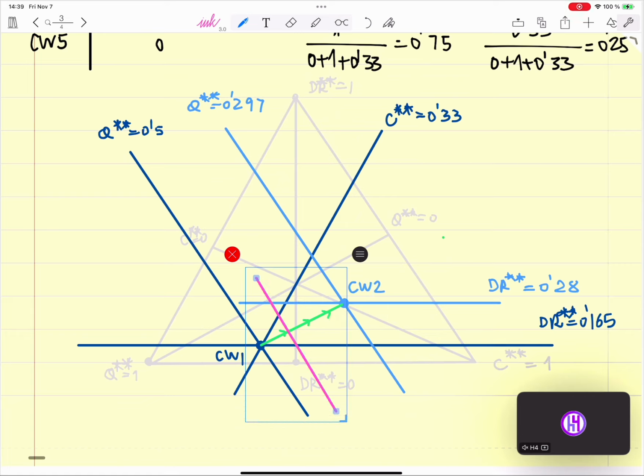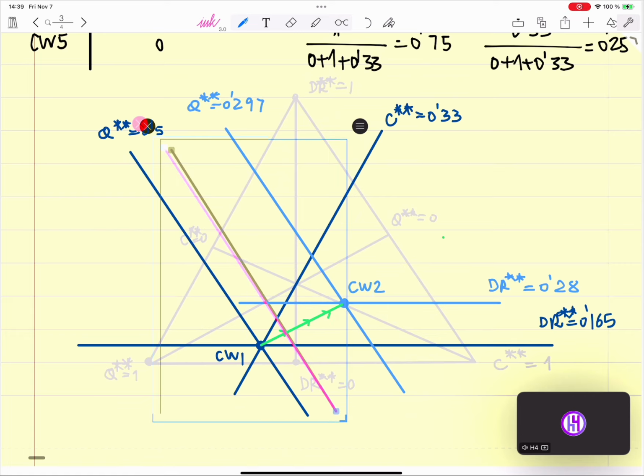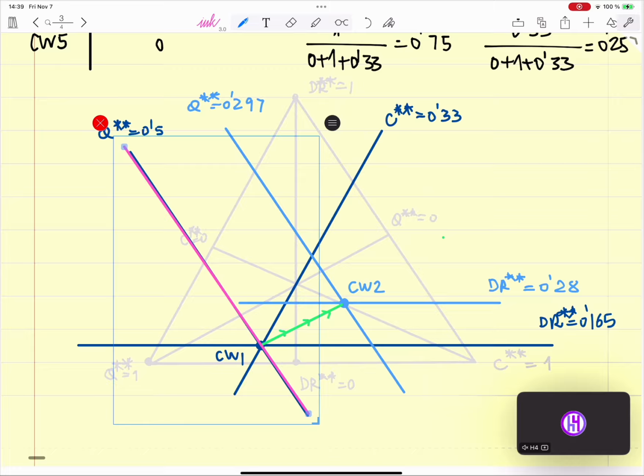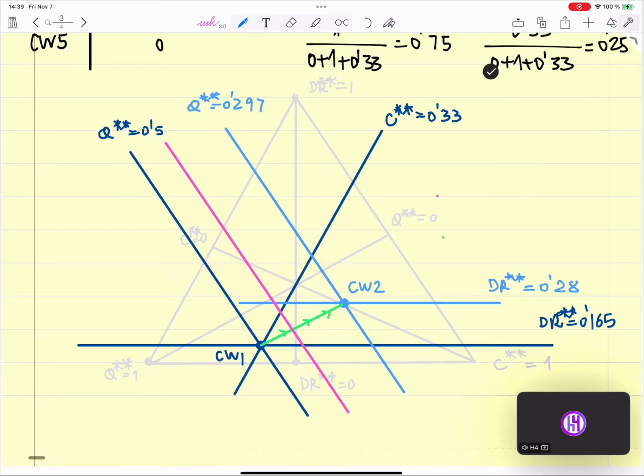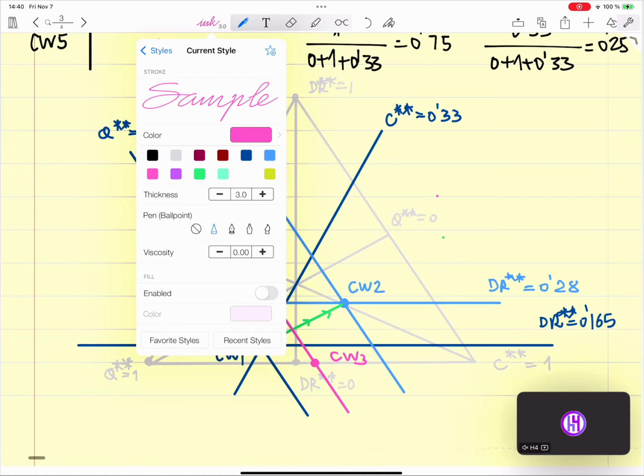Quality 0.43 will be something like a parallel line to this one, and it is going to be touching the point of delivery rate 0. So that's the line we are looking for.